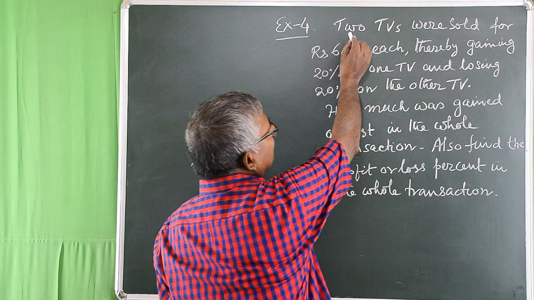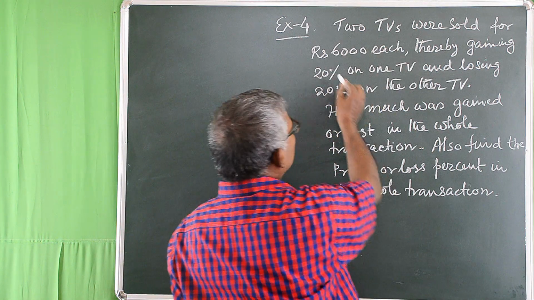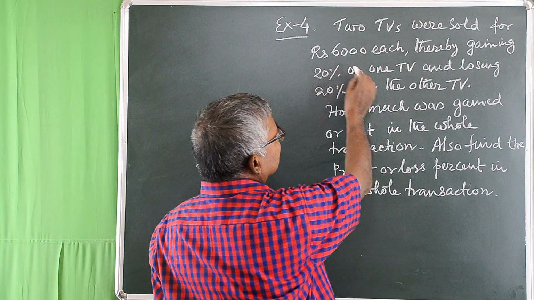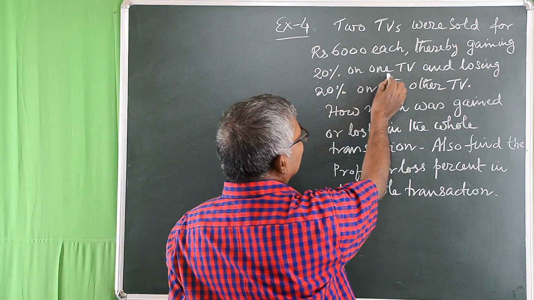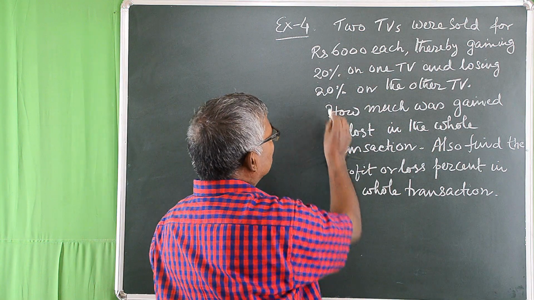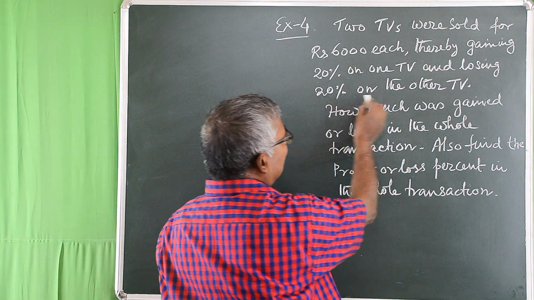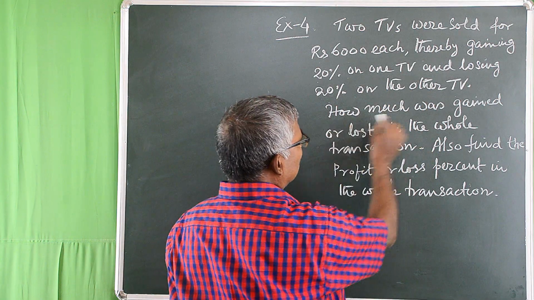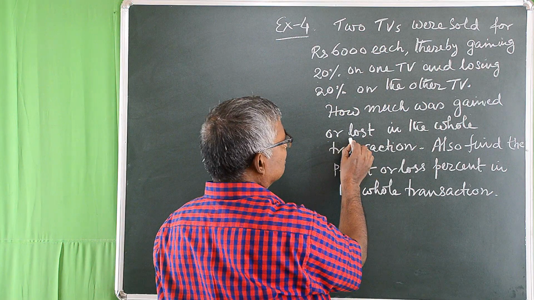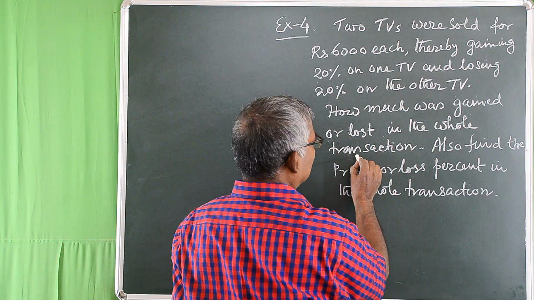Students, let us consider the fourth problem. Two TVs were sold for rupees 6000 each, thereby gaining 20% on one TV and losing 20% on the other TV. How much was gained or lost in the whole transaction?